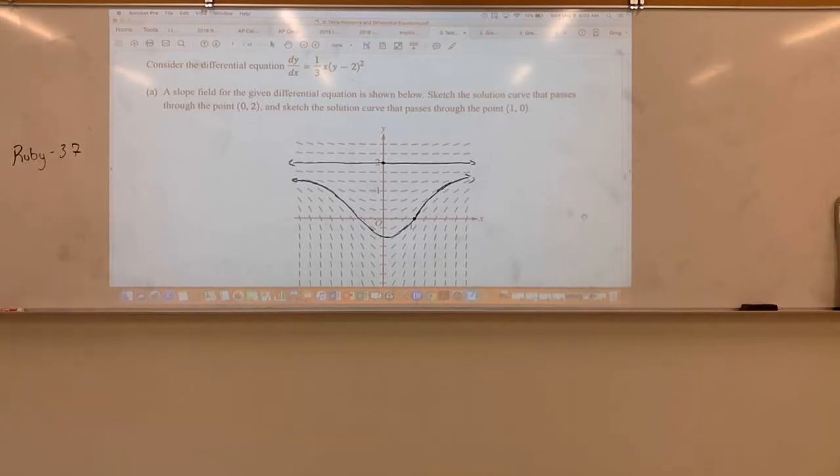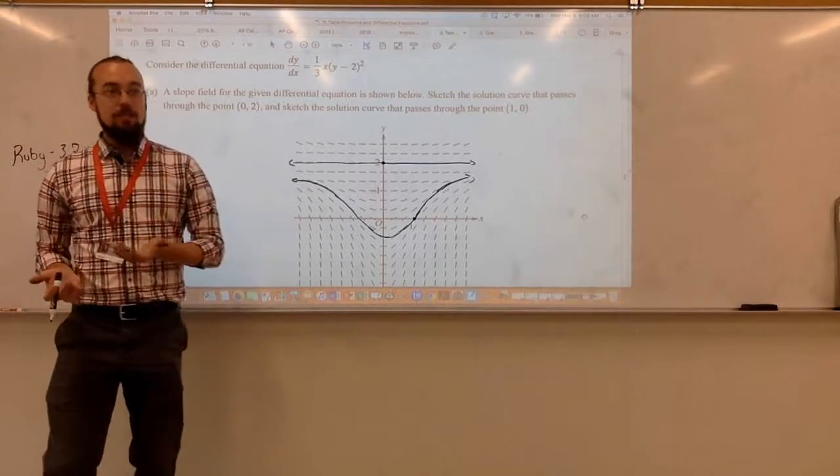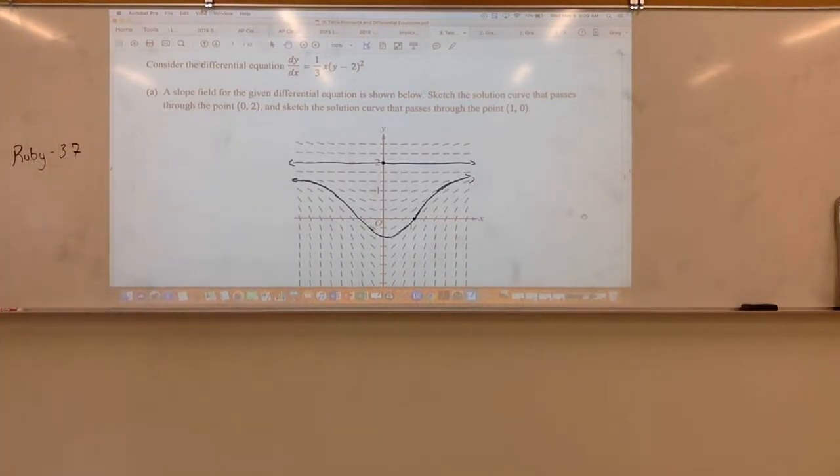So all we're doing is kind of connecting the dots, right? Connecting the slope fields, just drawing lines that follow these slopes.